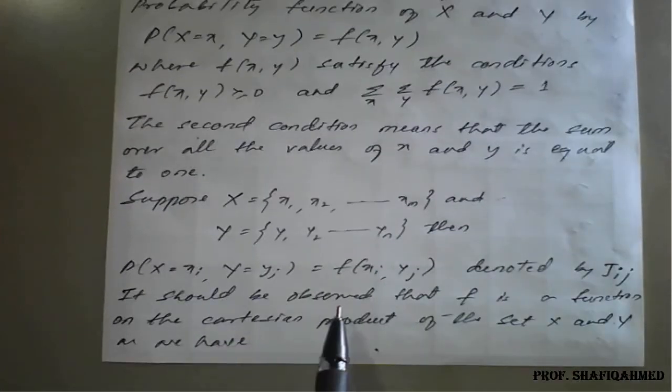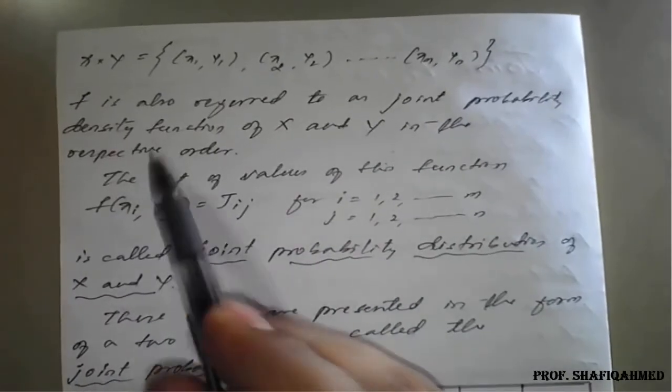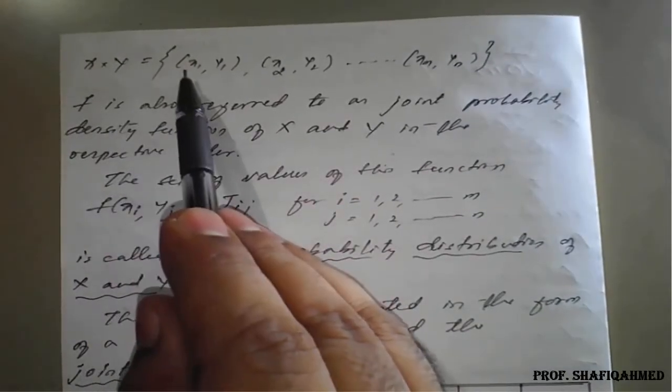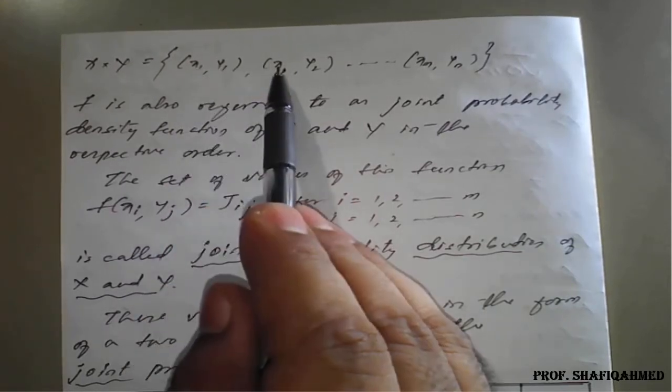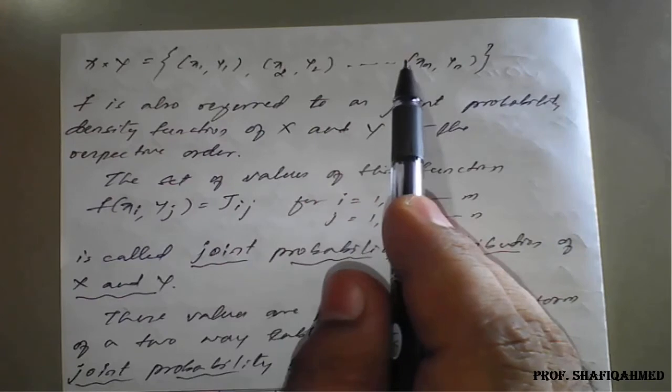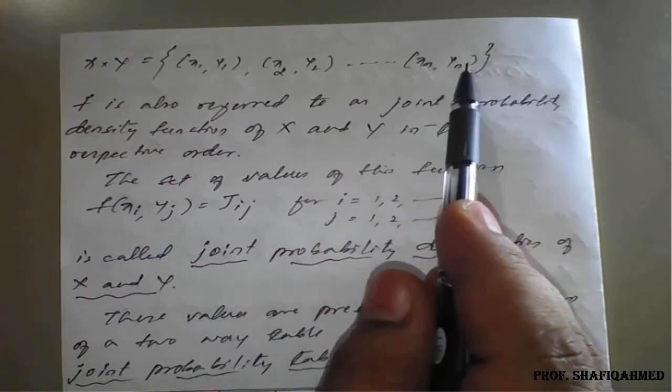It should be observed that f is a function on the Cartesian product of set x and set y, as we have x into y is nothing but the set of pairs x1 y1, x2 y2, so on xm yn.